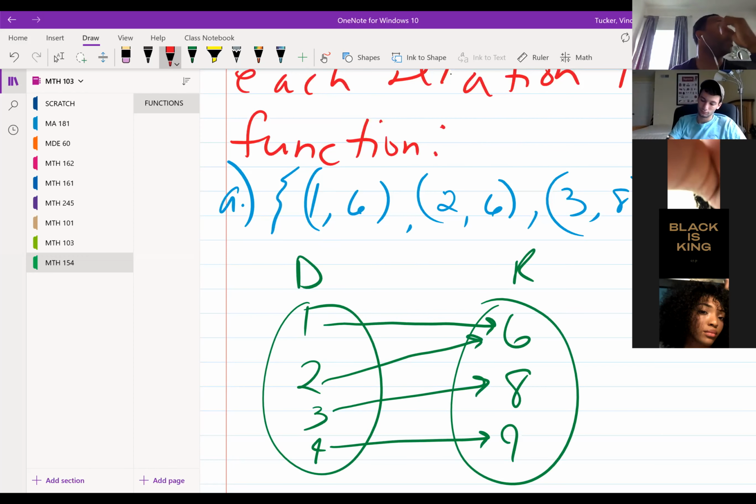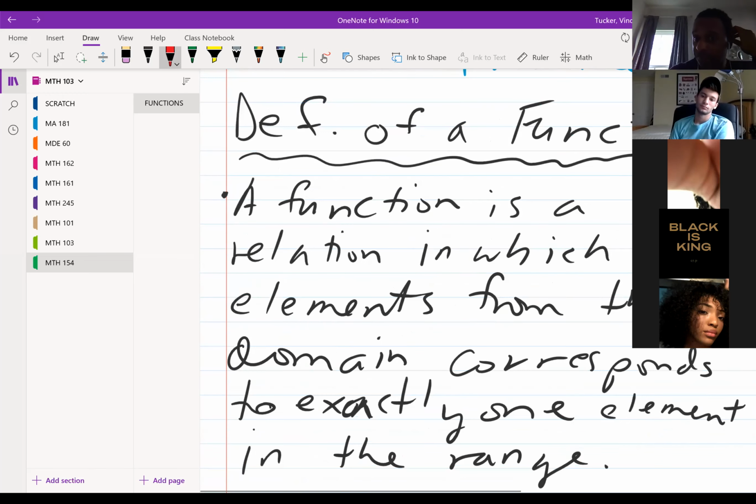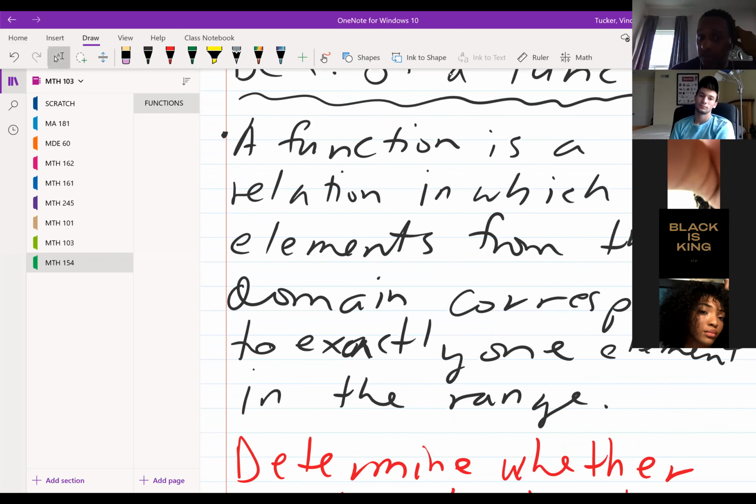Where this one may present a little bit of confusion is the fact that 1 goes to 6 and 2 also goes to 6. But what we have to ask ourselves, going back to the definition of what a function is, is: does each element from the domain correspond to exactly one element in your range?